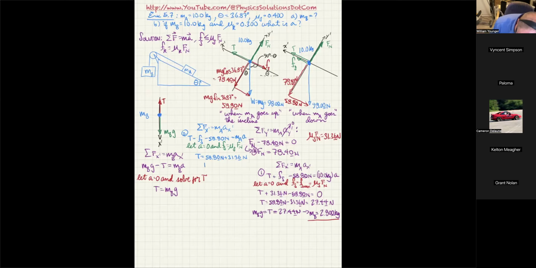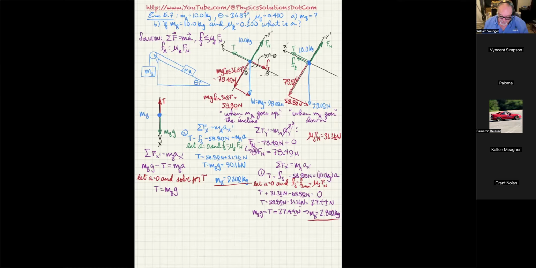So I'd say T, which equals M sub B g, is equal to 90.16 newtons. And that allows me to solve for M sub B by taking 90.16 and dividing it by 9.8. And in this case, I get 9.20 kilograms. So that's the other end.